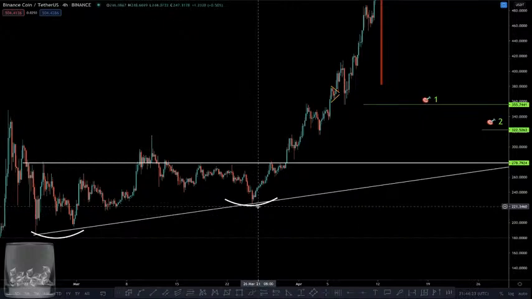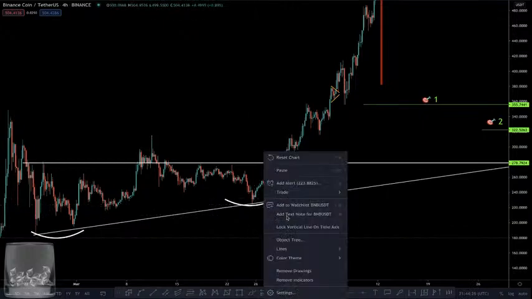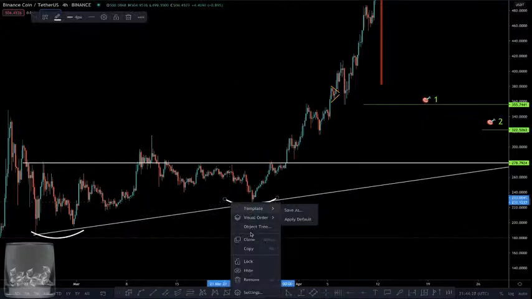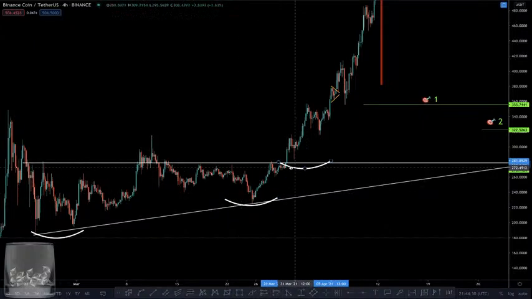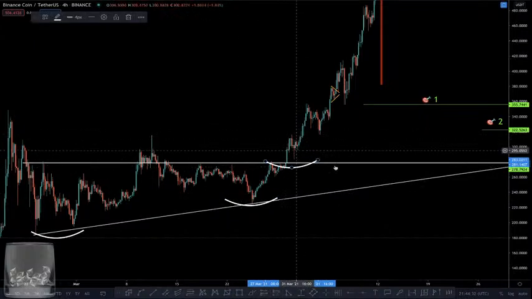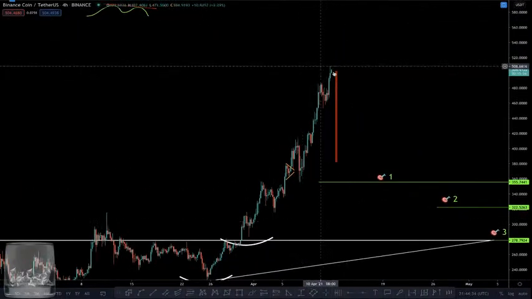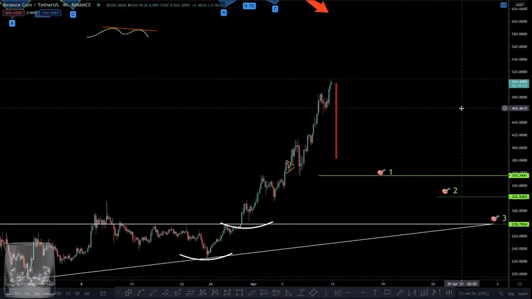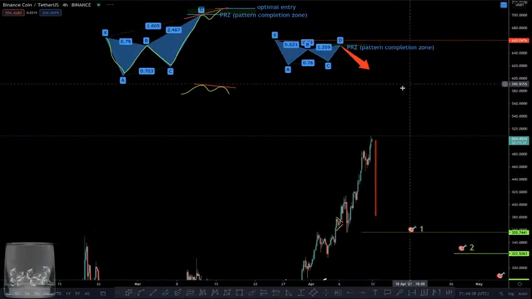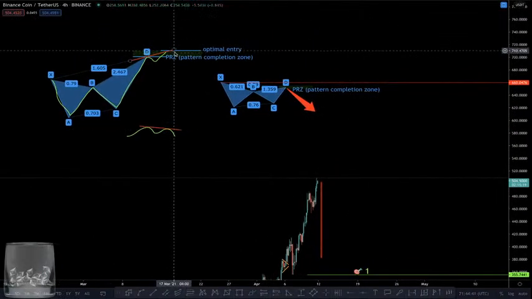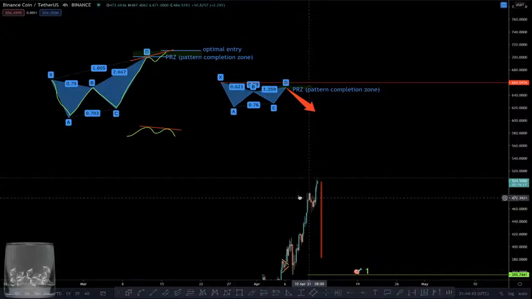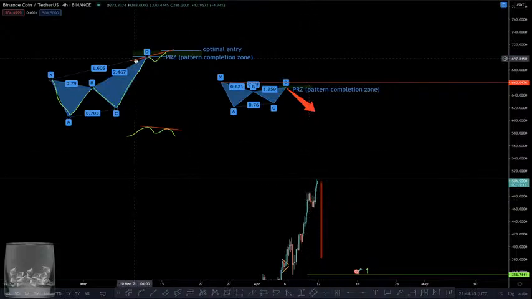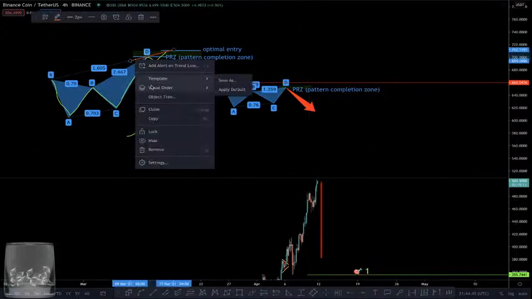You FOMO either here or up here on this backtest right here, okay? So you don't FOMO up here. This is not okay, all right? So again, you're basically hanging out right here at this optimal entry at this point. See how we created this divergence that we were looking to create?